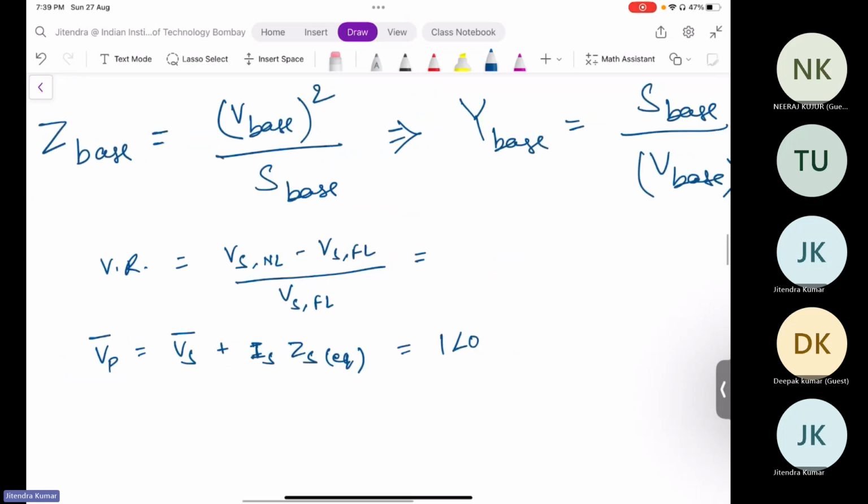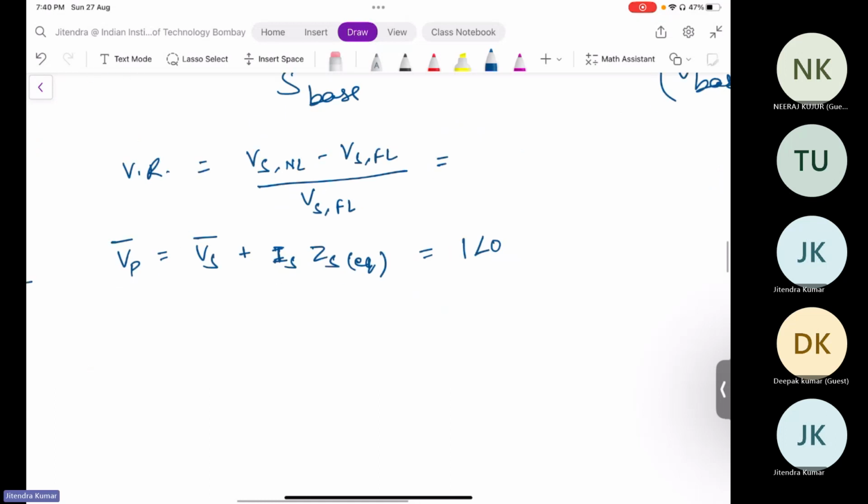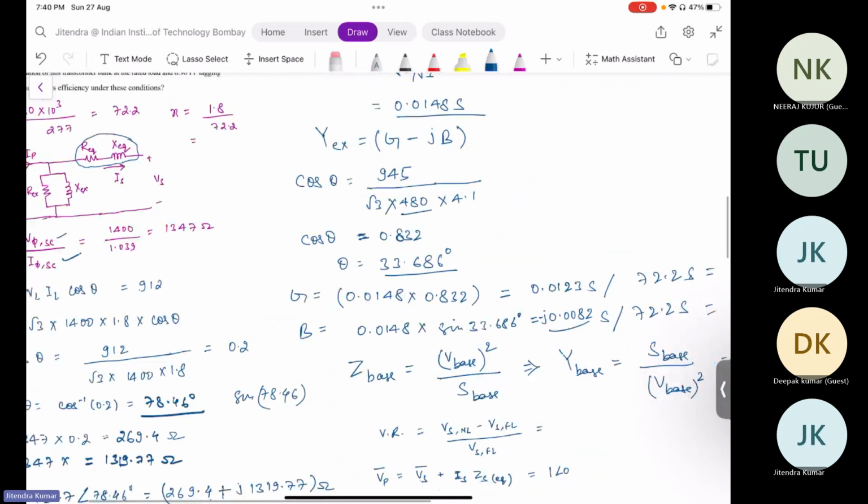We will consider V secondary as 1 angle 0, taking the secondary voltage as the reference, and I secondary will be lagging by some angle. V primary, we are assuming, will come out leading V secondary. Have you computed the secondary current, this IS?